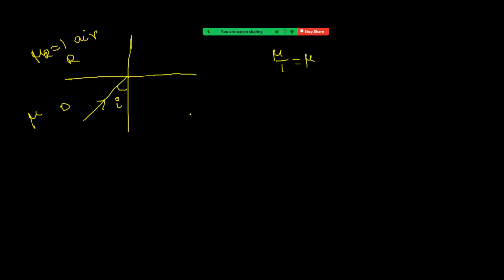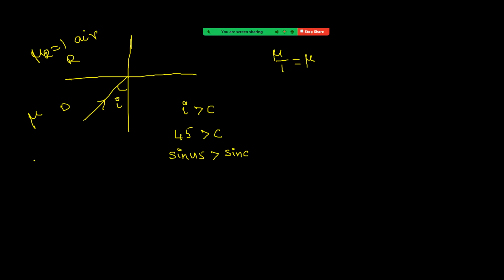Given i value 45. Since it is now total internal reflection, we can write i is greater than C, right? Condition 1. Given i value 45, so 45 should be greater than C. Now take sine on both sides. Sin 45 greater than sin C. Okay.